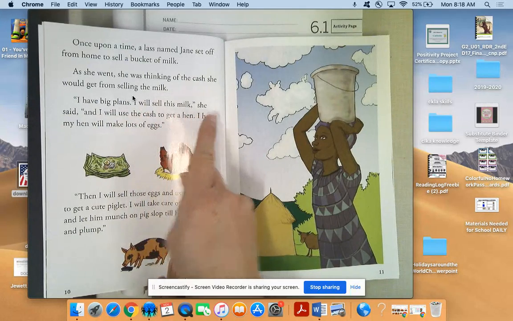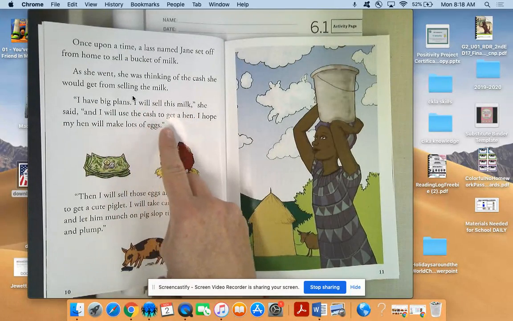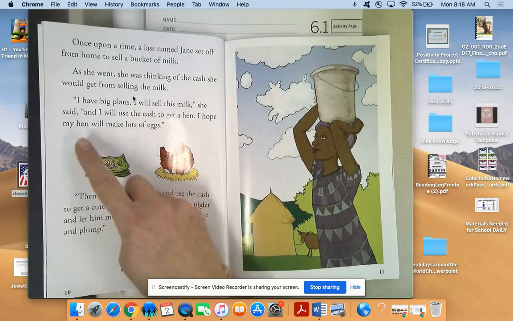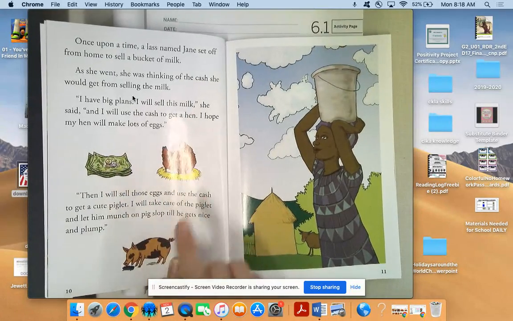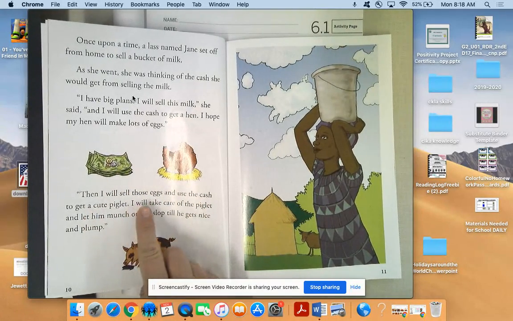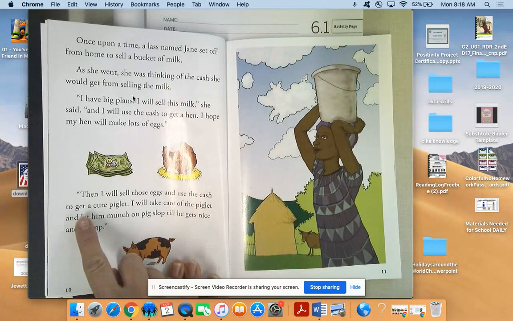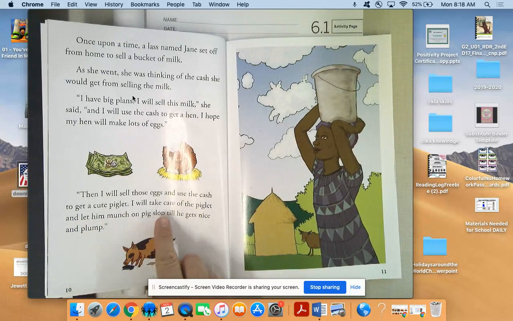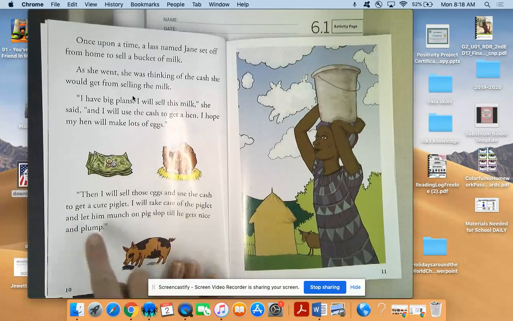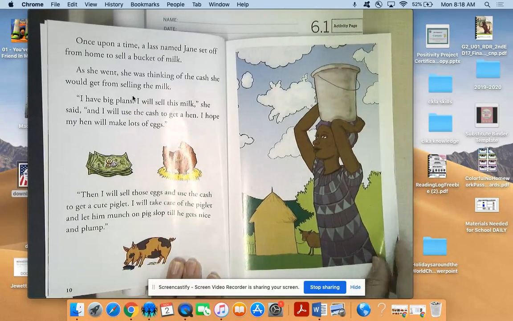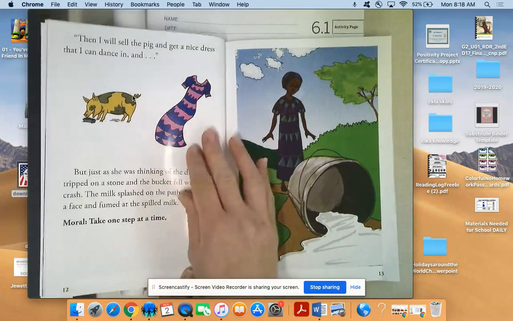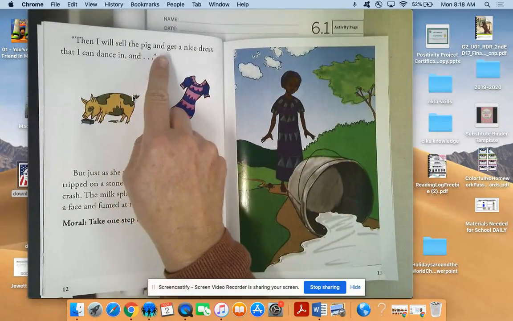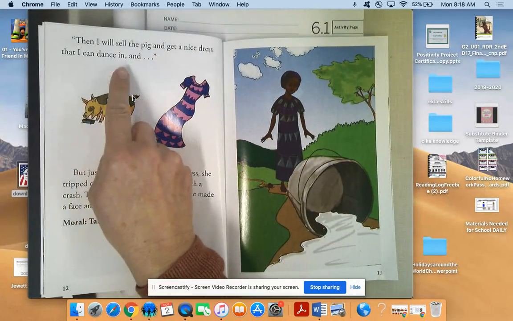I will sell this milk," she said, "and I will use the cash to get a hen. I hope my hen will make lots of eggs. Then I will sell those eggs and use the cash to get a cute piglet. I will take care of the piglet and let him munch on big slop till he gets nice and plump. Then I will sell the pig and get a nice dress that I can dance in.